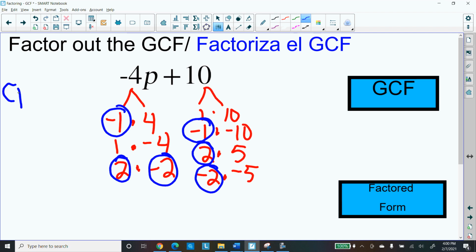So my common factors are, I also have 1, of course, but I don't want 1, -1, 2, and -2. So the greatest common factor of that one would be -2. So let's circle that. So I'm going to factor out -2 from that.